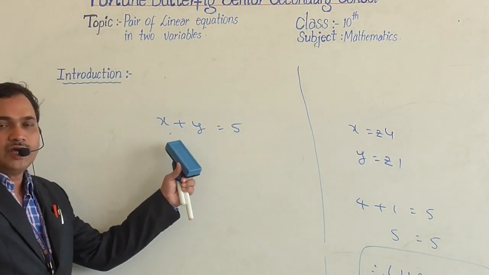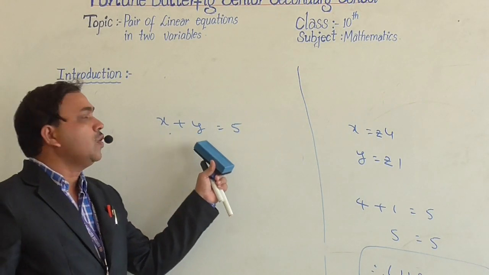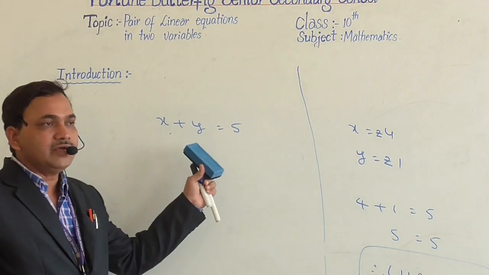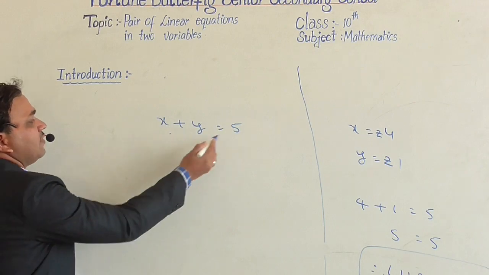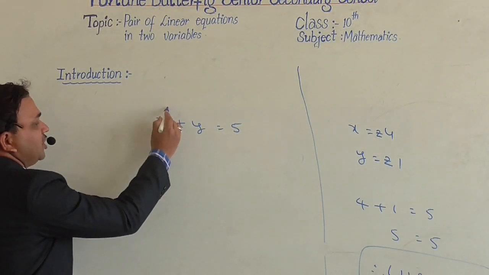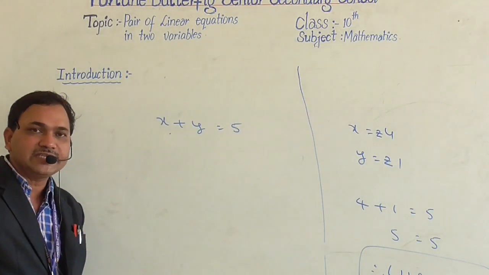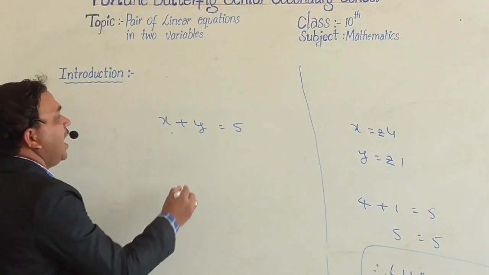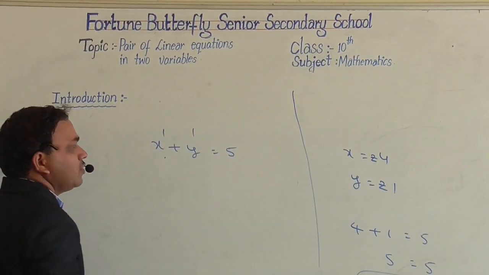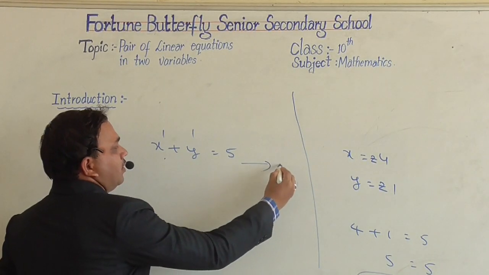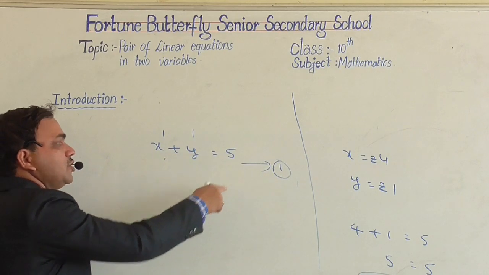So it is known as a linear equation in two variables. Also, in x plus y is equal to 5, no power is written. When no power is given, the power is always considered to be 1. So x to the power of 1 plus y to the power of 1 is equal to 5. This is equation number 1.